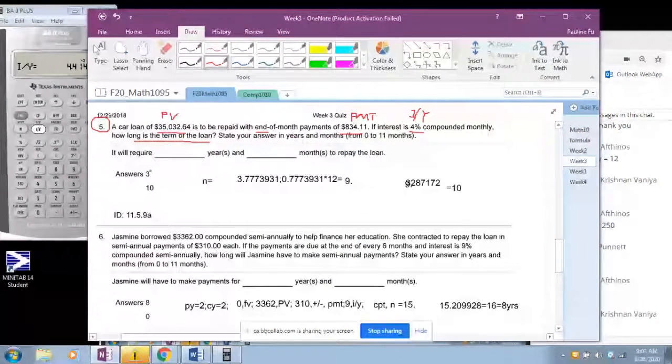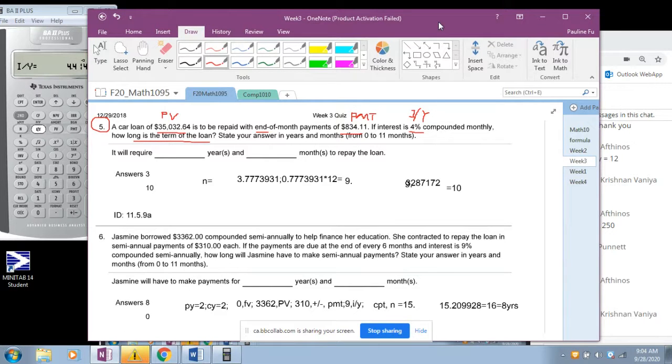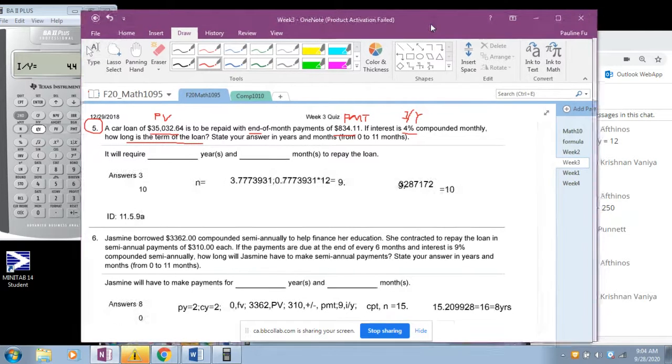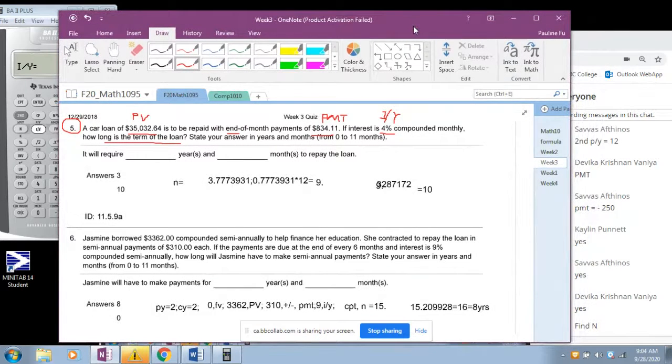Can you get 3 years, 10 months? I give you a moment. You try by yourself. If you can get 3 years, 10 months, that's fantastic. Davica, thank you. Found N. Great. What is N? That is the question.